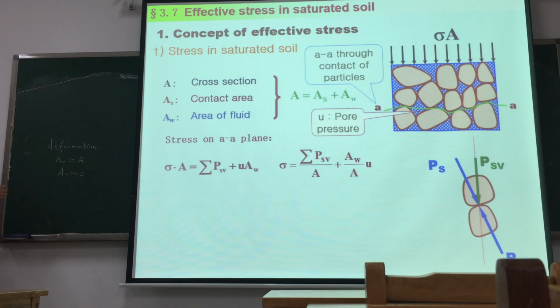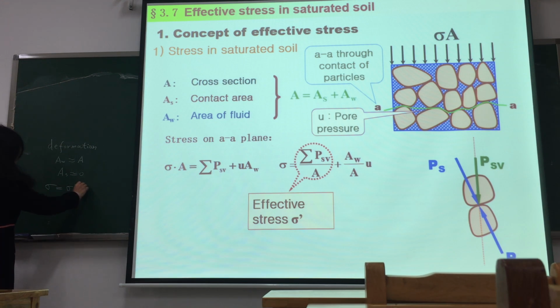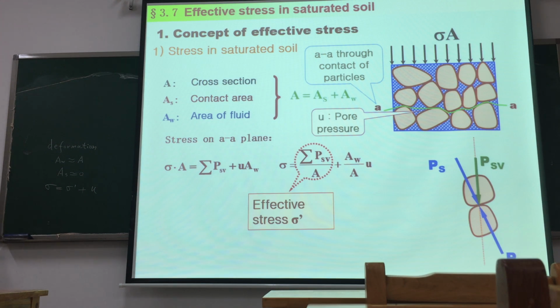So this equation we can rewrite as the effective stress plus the pore water pressure.